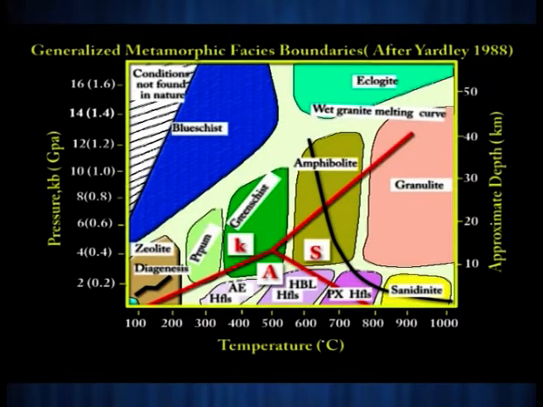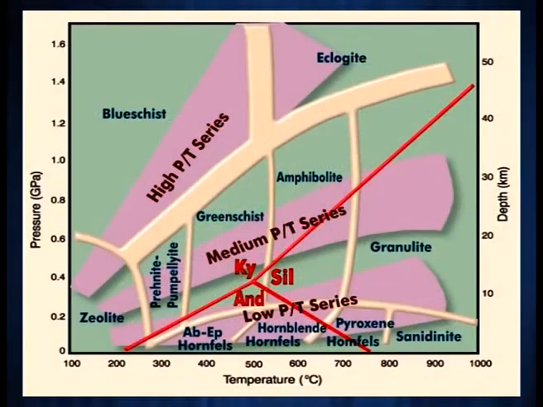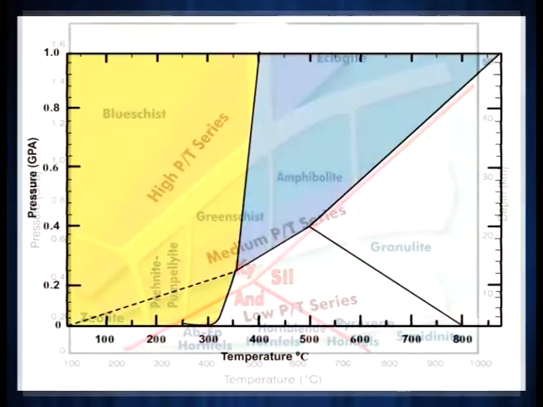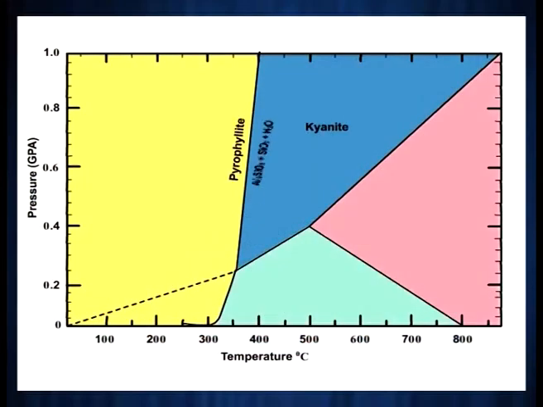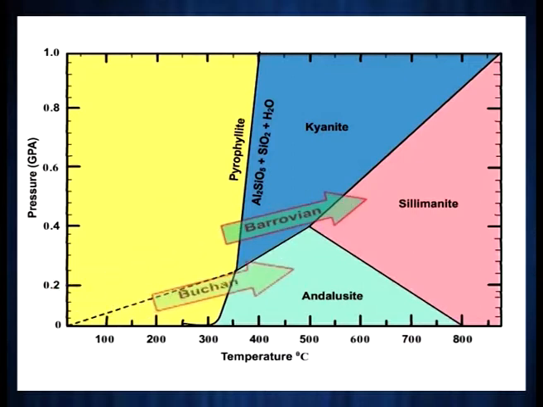Second, a typical Barrovian type characterized by kyanite to sillimanite type. And third, an Abukuma type of greenschist to amphibolite granulite, characterized by the paragenesis of andalusite sillimanite type. The Abukuma type is named after the Abukuma region in Japan and is similar to the Buchan type of the Dalradian.